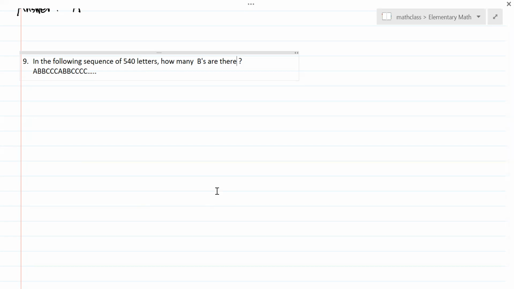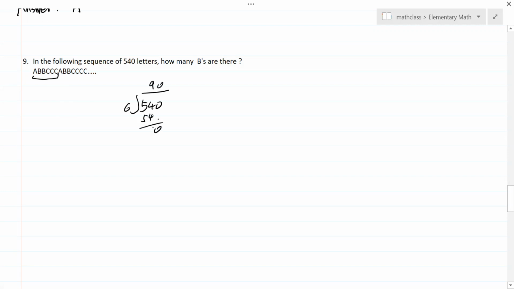First of all, you identify the block, and there are 6 letters in the block. So first of all, 540 divided by 6. It's actually 90. So 540 is 90 times 6.